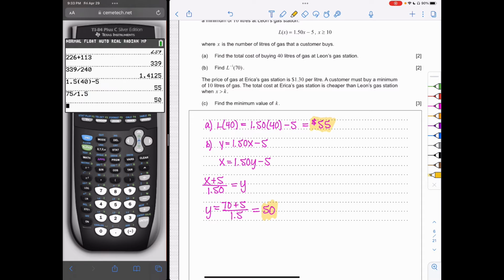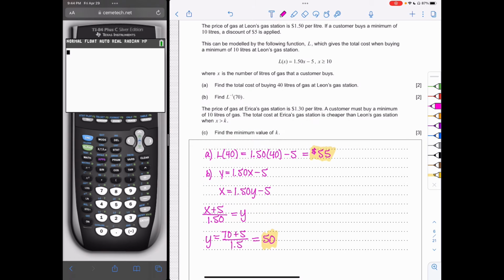So next, the price of gas at Erica's gas station is $1.30 per liter. A customer must buy a minimum of 10 liters of gas. The total cost at Erica's gas station is cheaper than Leon's gas station when X is greater than K. They want us to find the minimum value of K. Okay, so for part C, Erica's price at the gas station is going to be $1.30 times the amount of liters she gets, and that should be less than Leon's price, which is $1.50 times X minus 5.